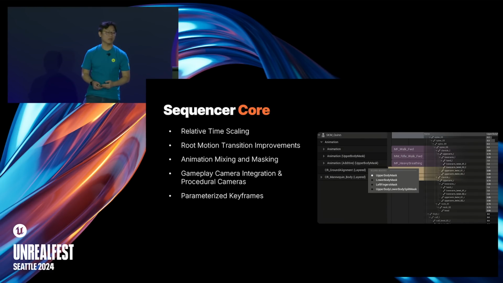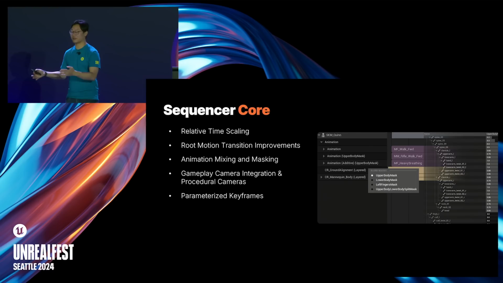One I'm very excited about is being able to handle animation mixing and masking. Most of you might be using a cinematic animation blueprint, where you duplicate the animation blueprint and have to use all the different logic in there. We're trying to eliminate the need for that and bring it all within Sequencer.